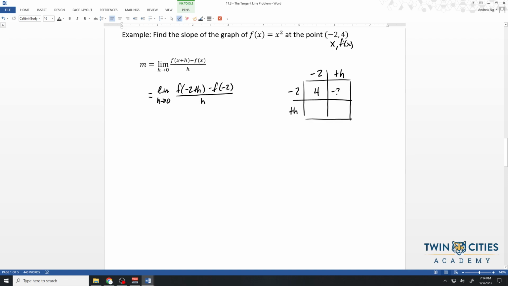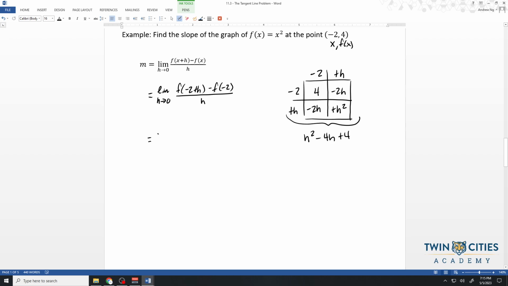Here I'll have -2h, and then another -2h, and then plus h squared. Let's put this all together. That's going to be h squared minus 4h plus 4. This is f of -2 plus h.